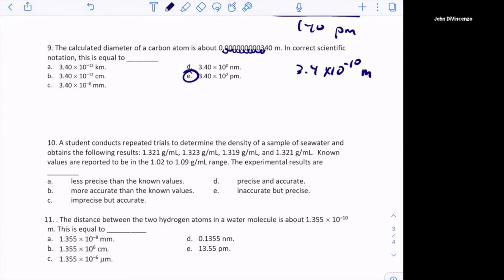So keep in mind, smaller unit, pico, then meter, so the number's going to get larger by a factor of 12. Effectively, it's 340 picometers, or 3.4 times 10 to the second.